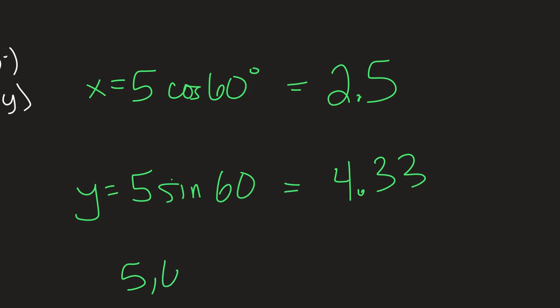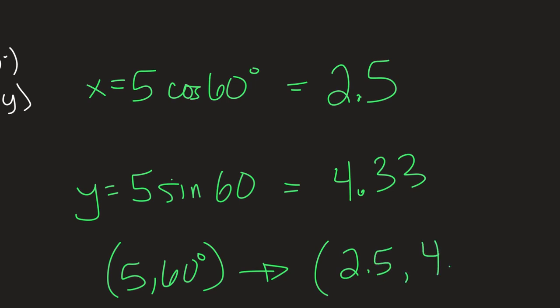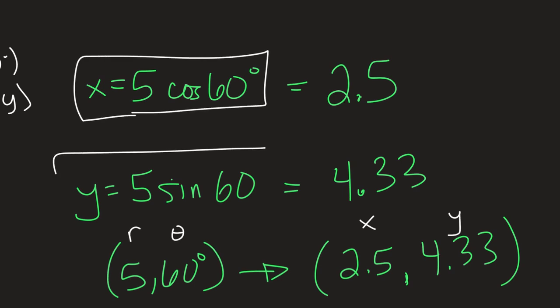So my (5, 60) as a polar coordinate turns out to be (2.5, 4.33) as a rectangular coordinate. Remember, this is your r and this is your theta, and this becomes your x and your y. The components are the same: x is your magnitude or radius times the cosine of your angle, and y is the same times the sine of that angle.